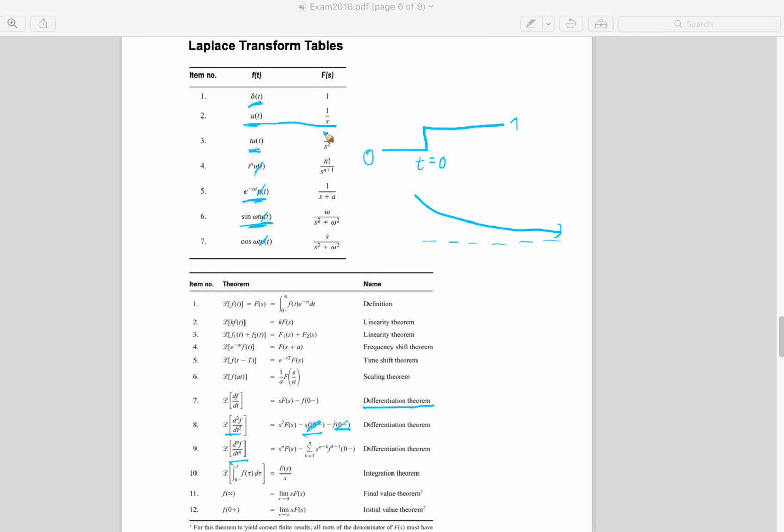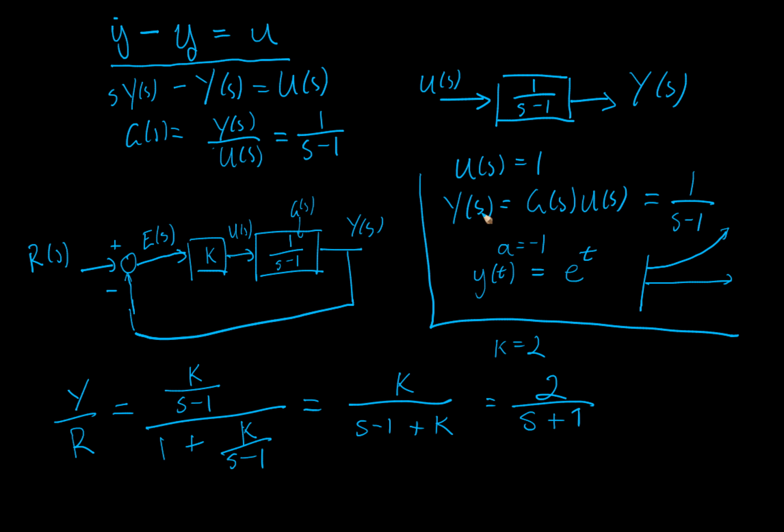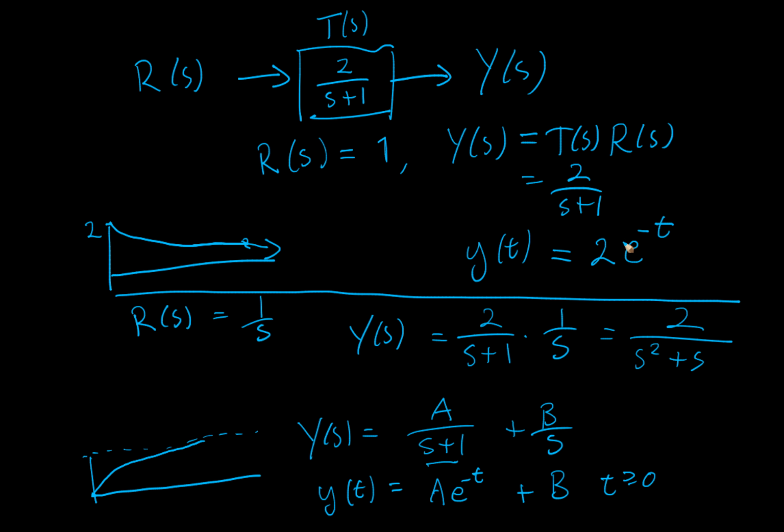A nice thing is that the Laplace transforms of a lot of the basic building block signals we're working with are also ratios of polynomials. So when you compute an output which equals a transfer function times an input, you still end up with ratios of polynomials. And if you have higher order ratios of polynomials, you might do partial fraction expansion to see what happens.